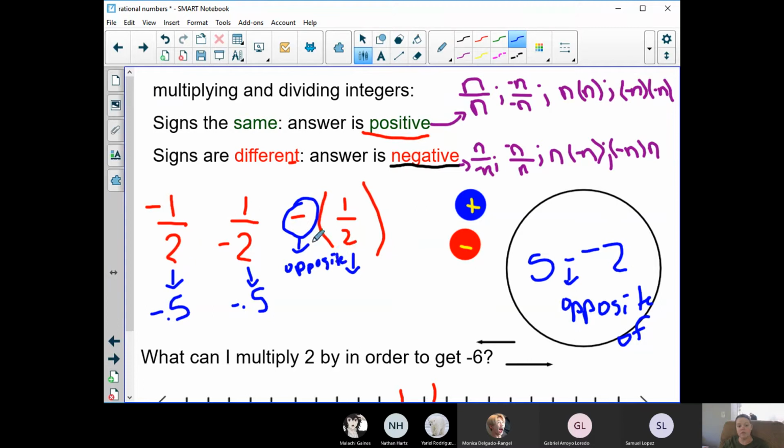Okay. So if we're doing the opposite of 1 divided by 2, what would my answer be? The opposite of 1 divided by 2. So what is 1 divided by 2?